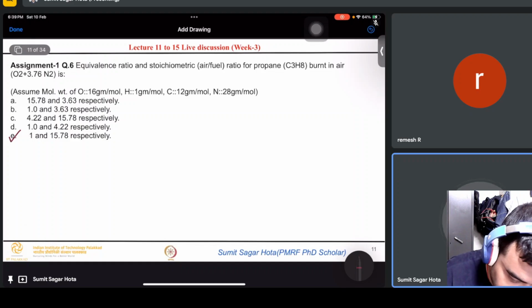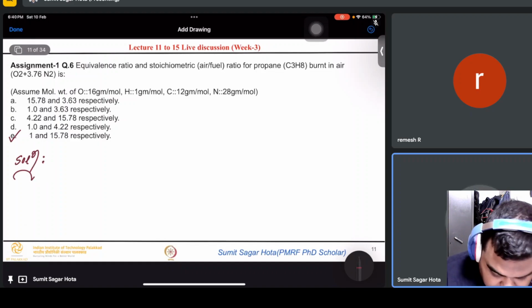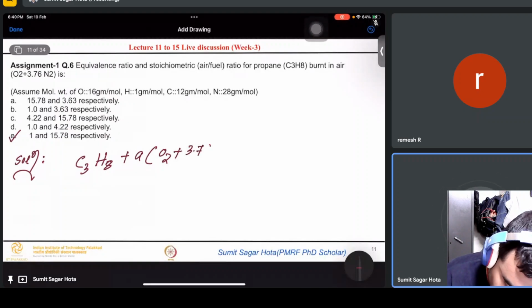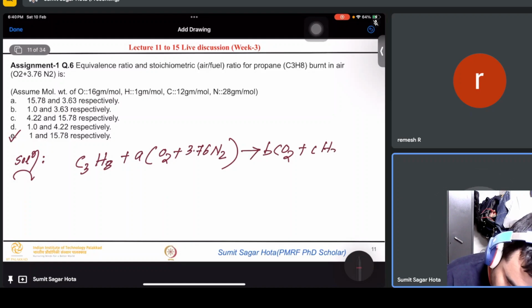For the next question, the propane reaction is given with air in stoichiometric proportion. The equation: C3H8 plus A times O2 plus 3.76 times N2 gives B times CO2 plus C times H2O plus D times N2.